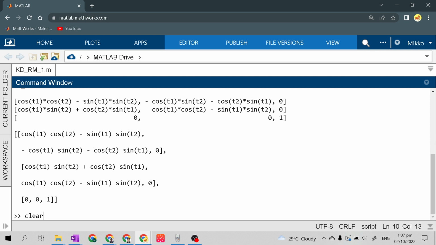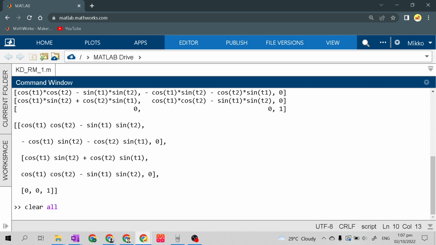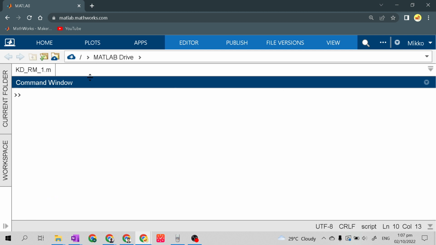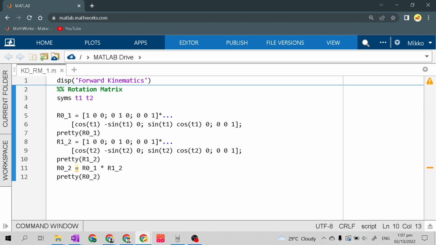Again. Clear all, CLC. Okay, again. So display forward kinematics T1 T2. Let's make R02 equal to R01 times R12.